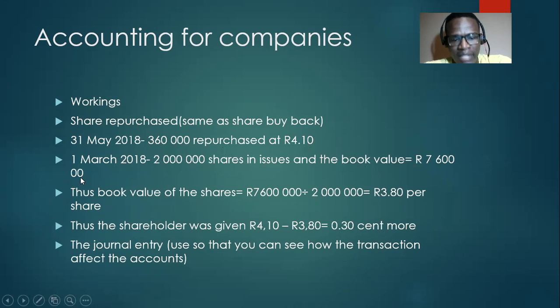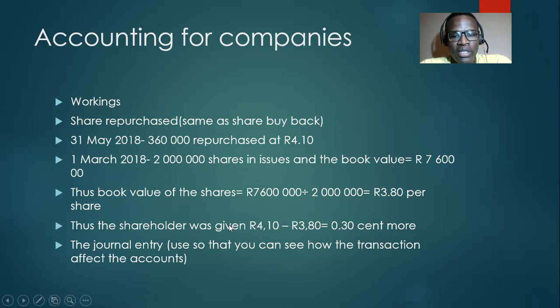Then that means the book value of the shares at the beginning of the year was 380 cents per share. How did we find that? 7.6 million divided by 2 million shares is 380, right?